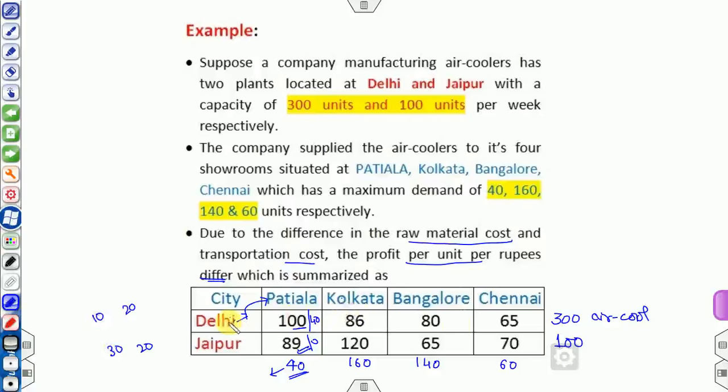On the other hand, if Patiala buys 40 units directly from Delhi, the remaining 260 units are distributed among Kolkata, Bangalore and Chennai, while the 100 units from Jaipur are completely distributed among them. Such types of models can be formulated with the help of the transportation problem.